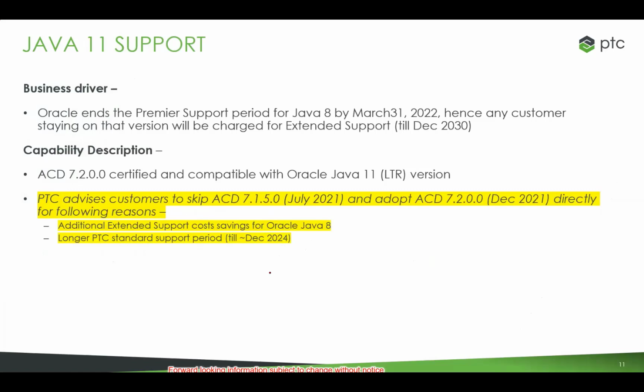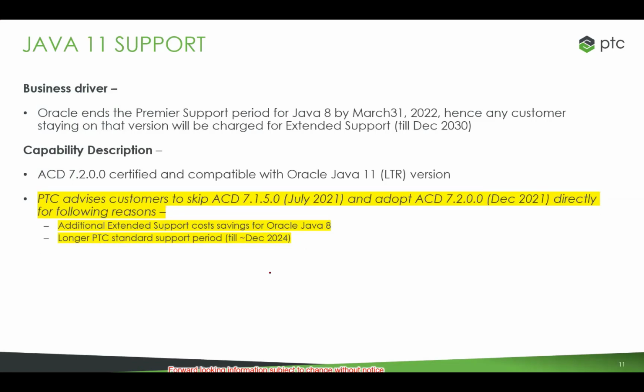I will not go through all of them right now, but I do want to give you some highlights on a couple. And I think the most important one is the Java 11 update. So we are updating the Java version that's compatible with ACD with this version. That's going to be Java 11.